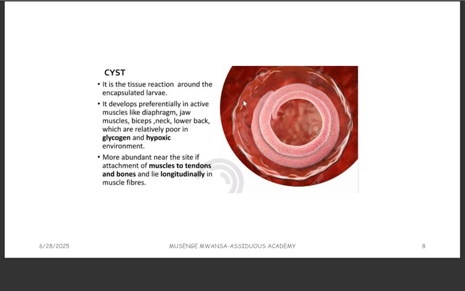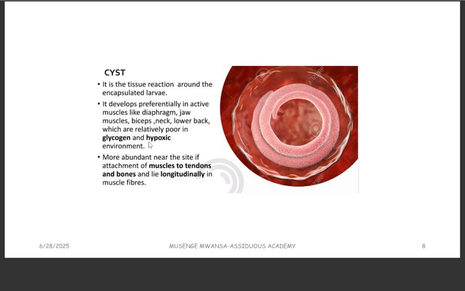This structure that you can see around the larva, that's what we call the cyst. It develops preferentially in active muscle like the diaphragm, jaw muscles, the biceps, the neck, and the lower back, which are poor in glycogen and a hypoxic environment.